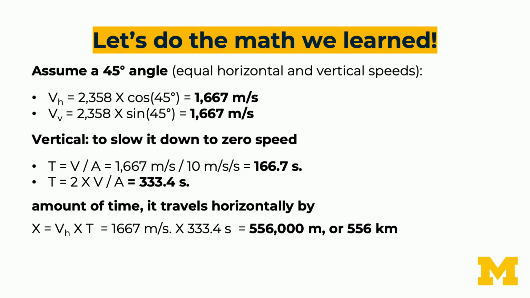Because it's going forward for 333 seconds and we have its horizontal speed, we can calculate the trajectory, or how far it travels, by taking its horizontal velocity multiplied by the time. So that's 1,667 meters per second times 333 seconds, which is equal to about 556 kilometers. So in theory, a V2 rocket could go about 556 kilometers.